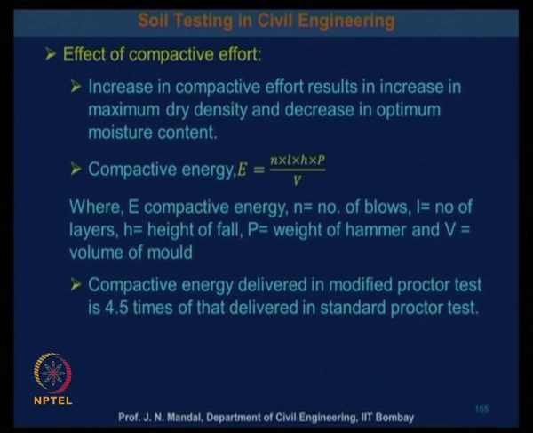Effect of compactive effort. Now, we know an increase in the compactive effort results in an increase in the maximum dry density and a decrease in the optimum moisture content.